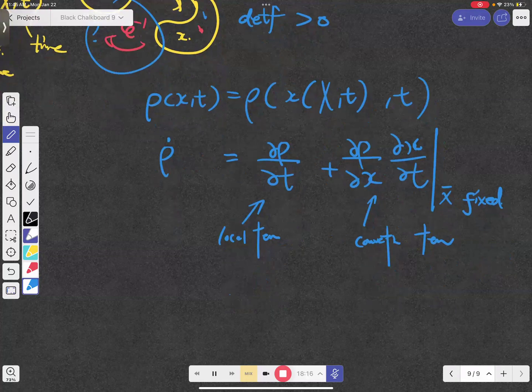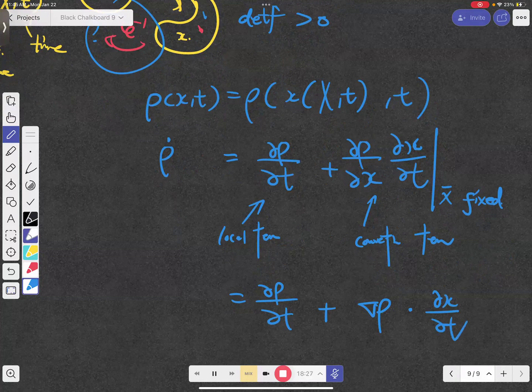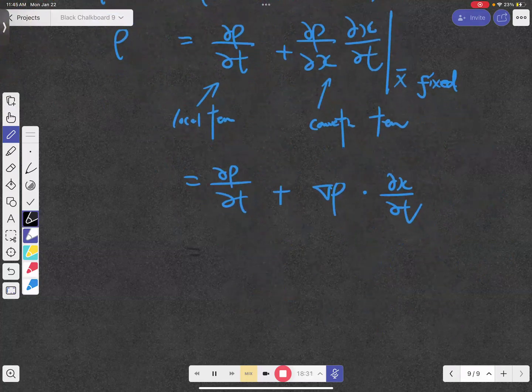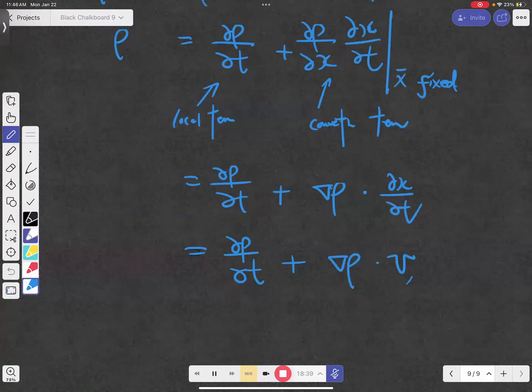Let me use the calculus terminology. I like to write the triangle, so that would be this. Or more likely, people like to write it as this. This is actually not the volume, but velocity.